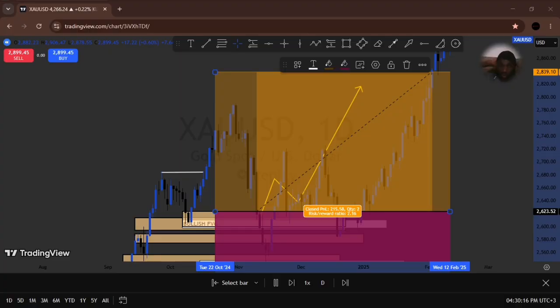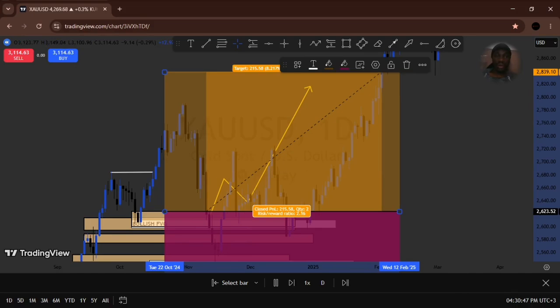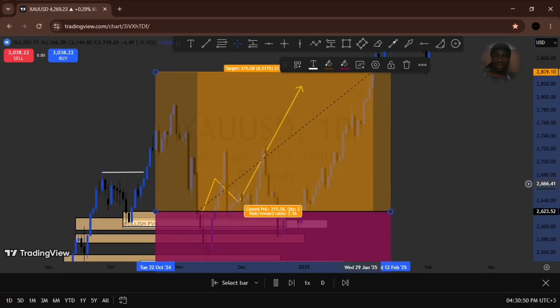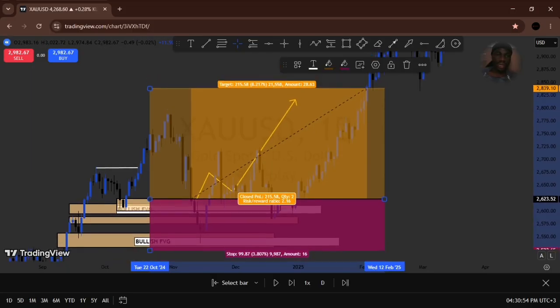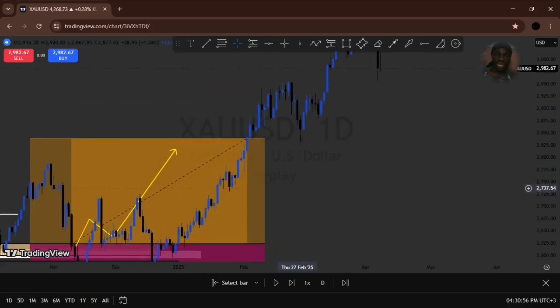What are you seeing now? Take profit is being hit. So what's the point now of you not making money like this? Take profit is being hit, and as you could see, when price left this zone, it didn't come back.